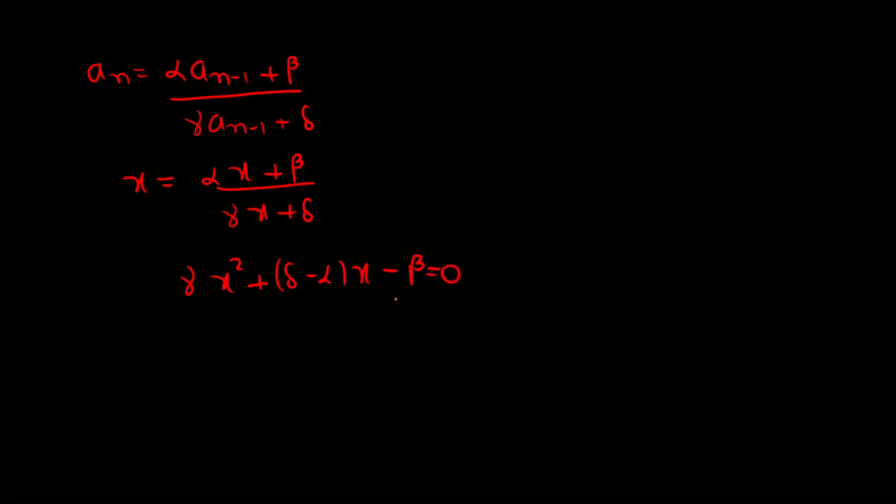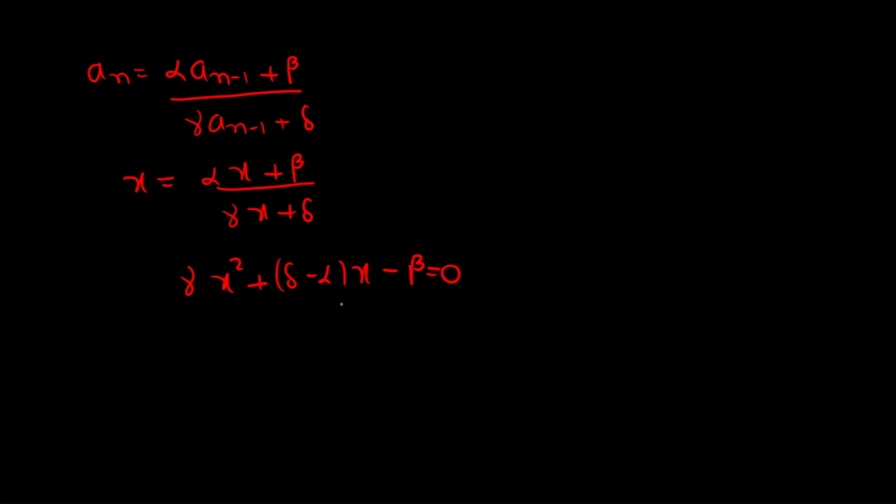Now what we'll do is, we'll substitute all these a_n terms with something like x. x is equal to (alpha x plus beta) by (gamma x plus delta). Now if we simplify this, we'll get a quadratic equation like gamma x square plus (delta minus alpha) x minus beta is equal to 0.